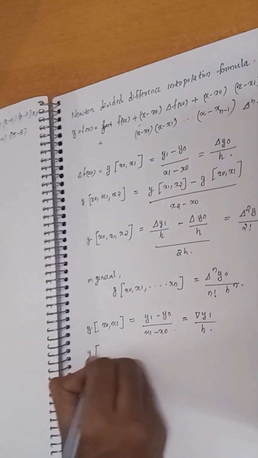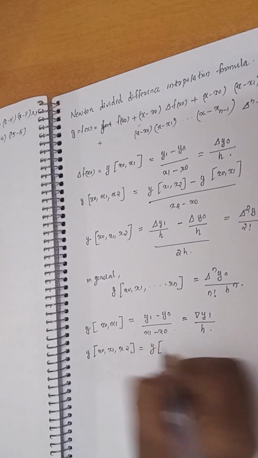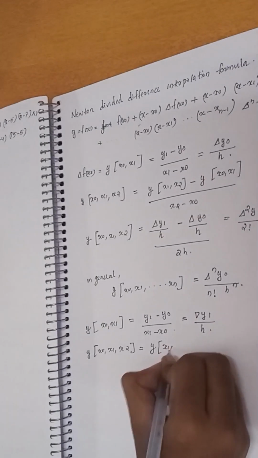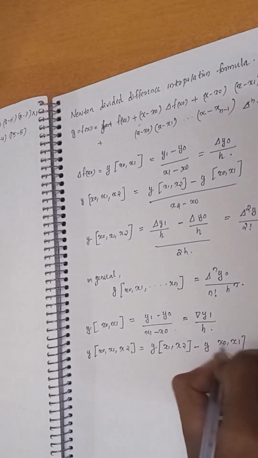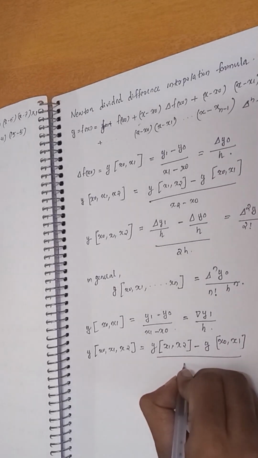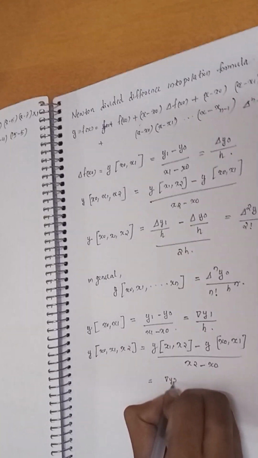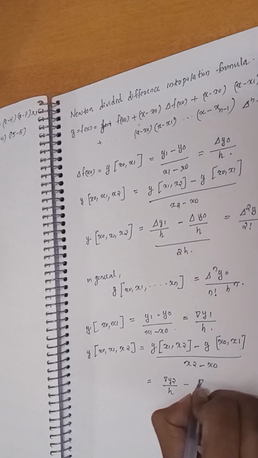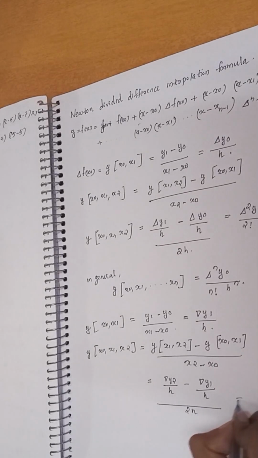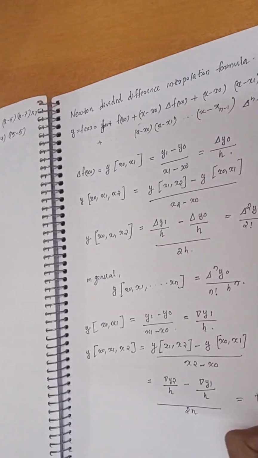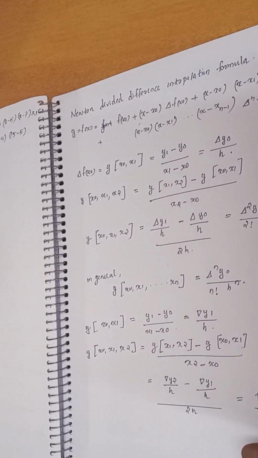Also, we can write that y of x0 comma x1 comma x2 is, by the second divided difference, y of x1 comma x2 minus y of x0 comma x1 divided by x2 minus x0, that is equal to nabla y2 divided by h minus nabla y1 divided by h, the whole divided by x2 minus x0, which is 2h, that is equal to nabla square y2 divided by 2 factorial h square.